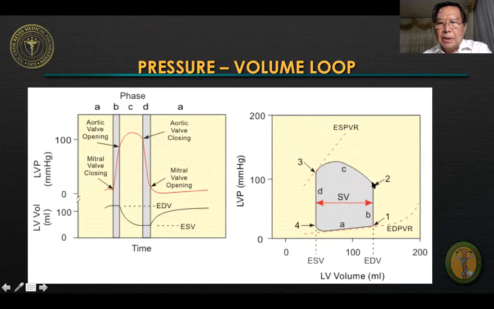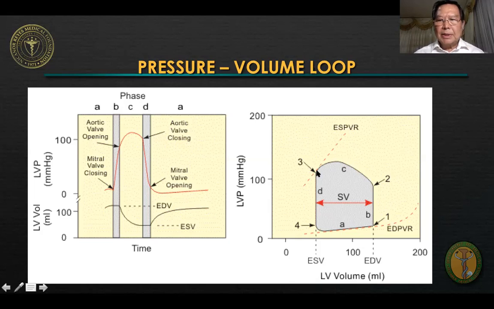Okay. And over here is the opening of the aortic valve, so that now blood gets out into the aorta, and the volume inside the left ventricle drops. So there is a drop in your left ventricular volume, and you reach some peak systolic pressure over here, right?